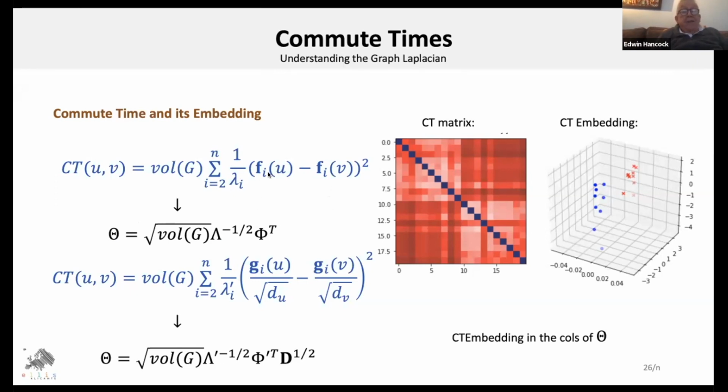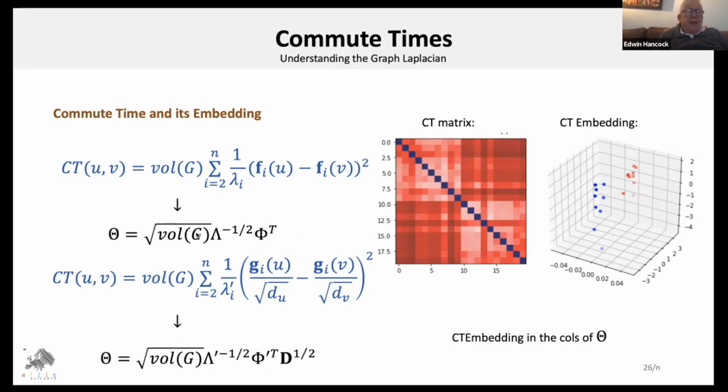Given that this looks like the Euclidean distance between eigenfunctions weighted by the inverse of the eigenvalues, this is the embedding that will give us an embedding of the nodes of the graph into a vector space where the distance between pairs of nodes is the same as the commute time.